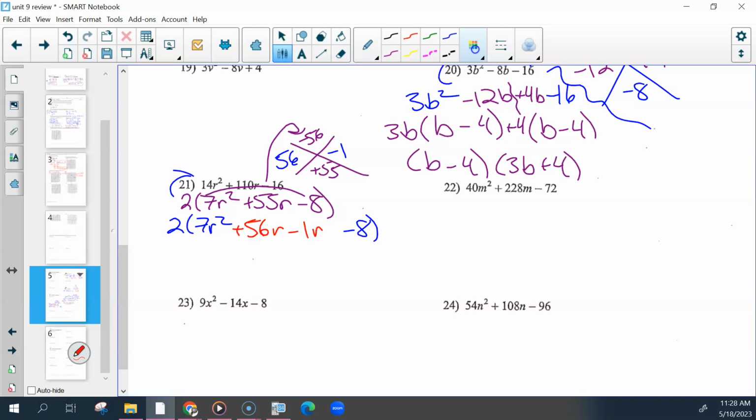Split that down the middle. Keep bringing down the 2 on the outside. What did these 2 have in common? What could we divide out of 7r squared plus 56r?